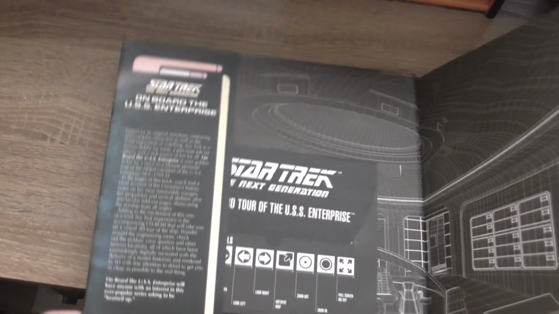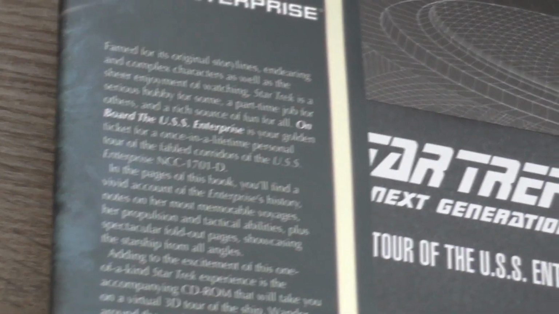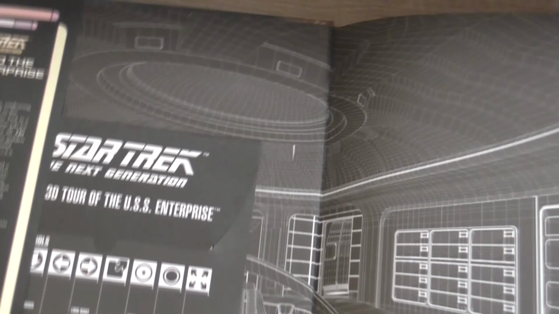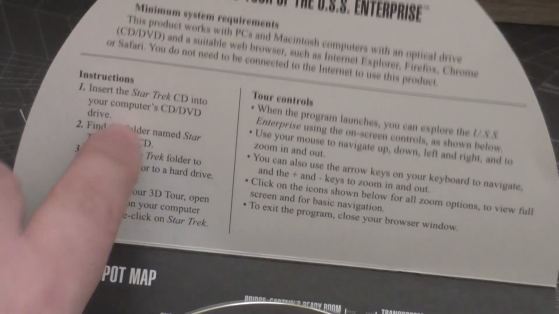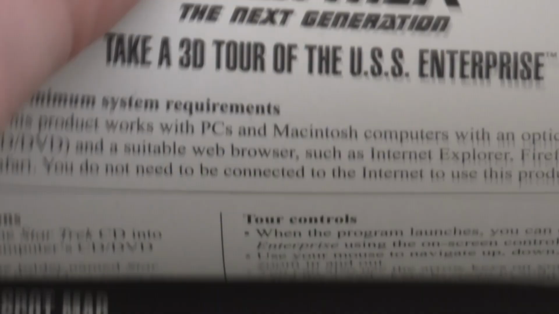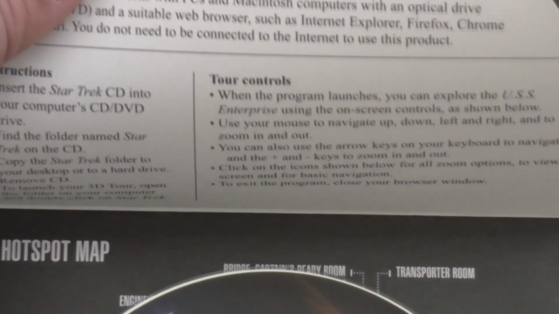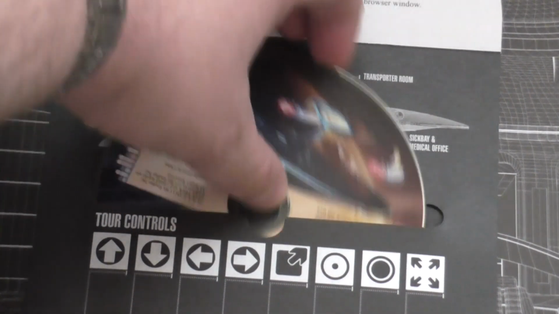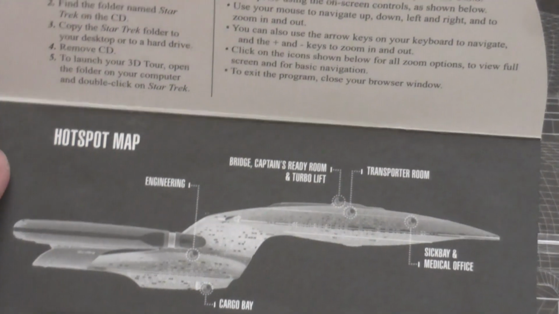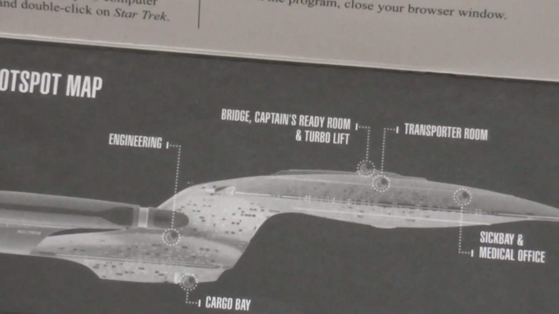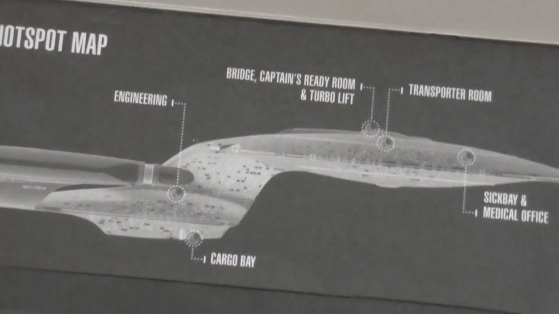It's a book about, as you would guess, the USS Enterprise D, and the most interesting thing about it, at least to me, is this little CD, which has a virtual tour of the USS Enterprise. Or at least a couple of small sections of the Enterprise.